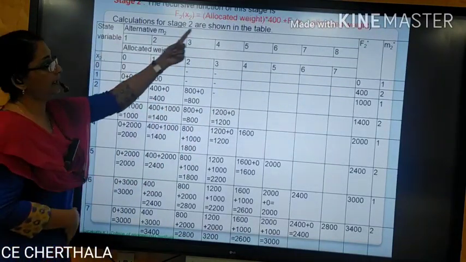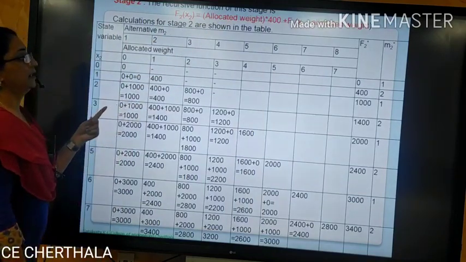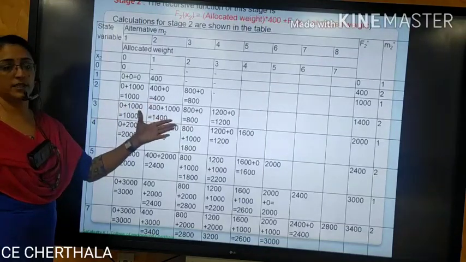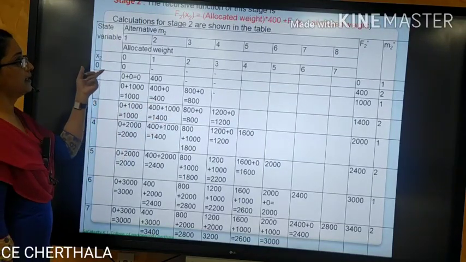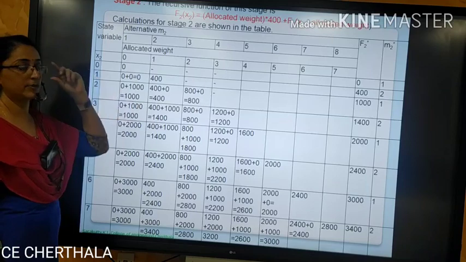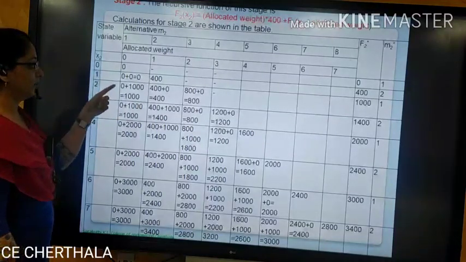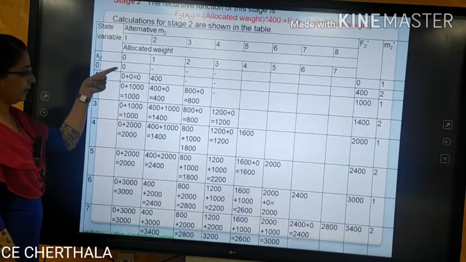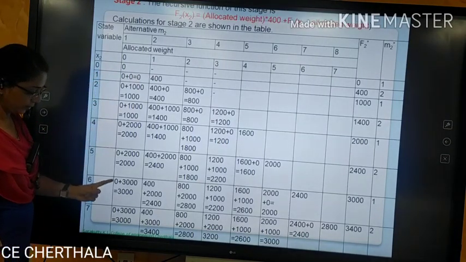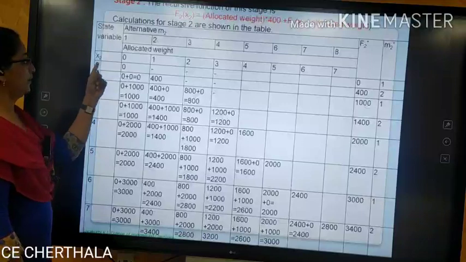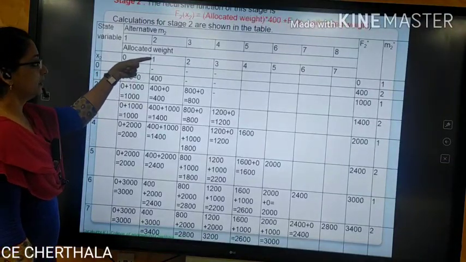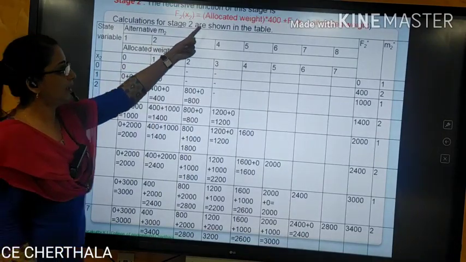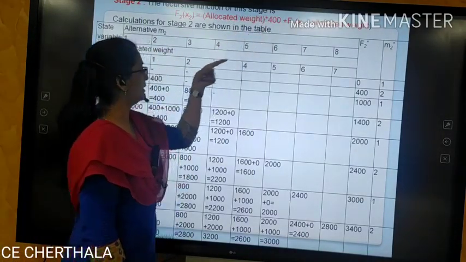Now the function value of the first term is calculated using the procedure exactly as in stage number 1. So corresponding to 0 weight, the function value is 0. The column is 0, 0, 0. And corresponding to 1, here 1 ton is the alternative. So allocated weight 1 into 400.